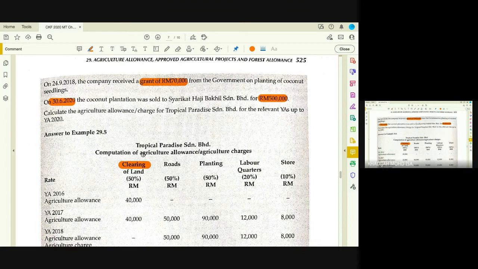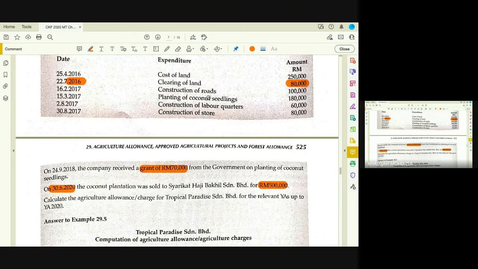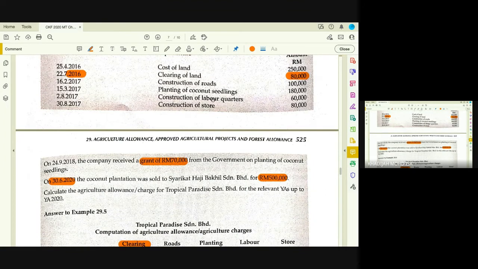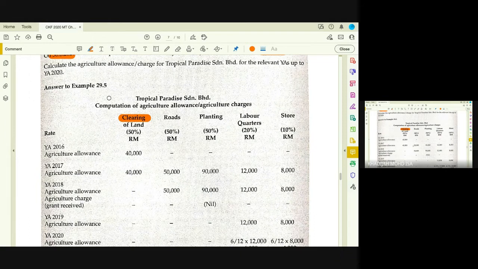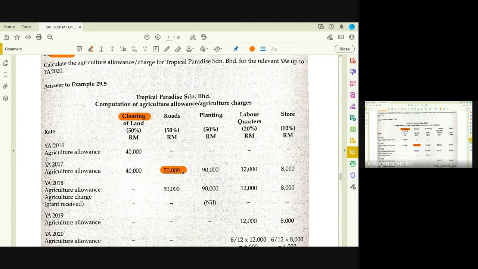But for the other expenditure, for example the roads, the coconut seedlings, labor quarters and store, it is all in 2017. So for the roads, you claim 50% in YA 2017 and another 50% in 2018. Why do you start in 2017? Because the capex was incurred in 2017.